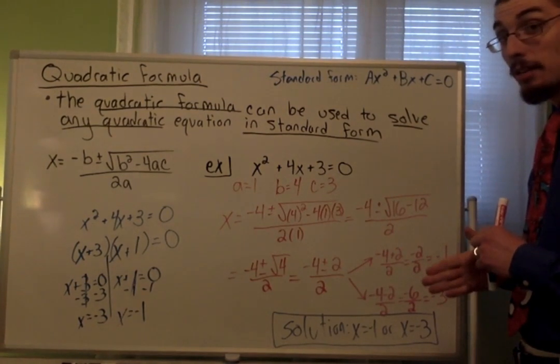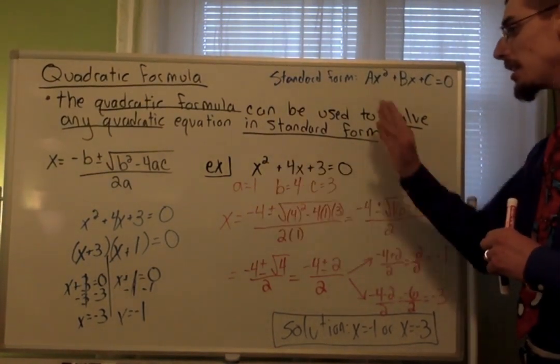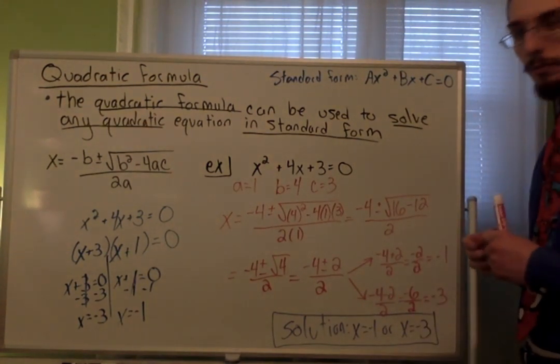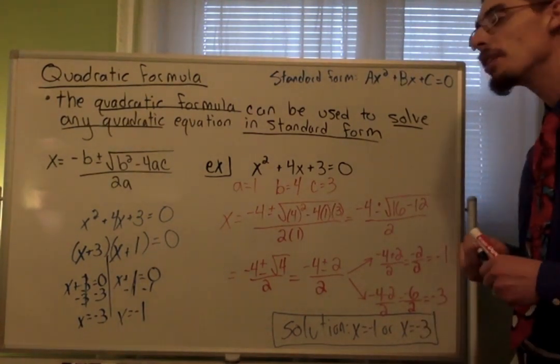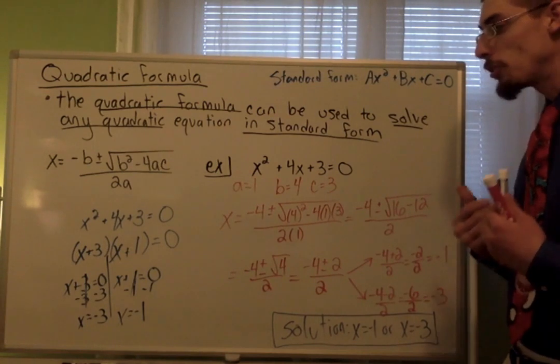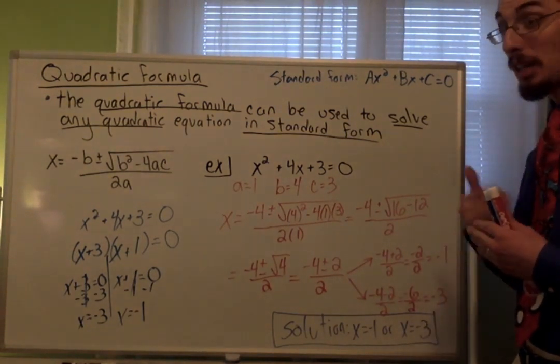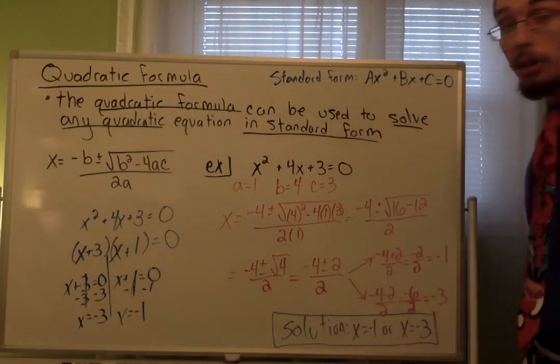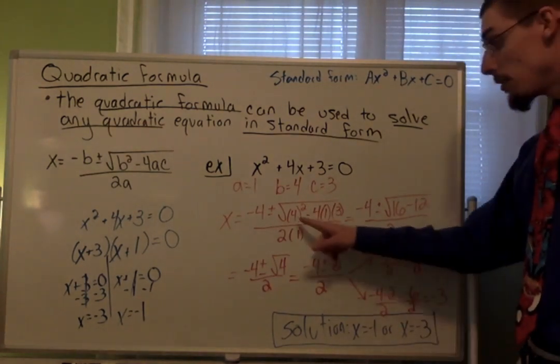So all I did was take the a, the b, and the c, plug it into the formula, and then I did the math. I mean, it doesn't really get any more simple than that. This is what we call plug and chug, right? Plug it in and chug away. You're just following the order of operations.